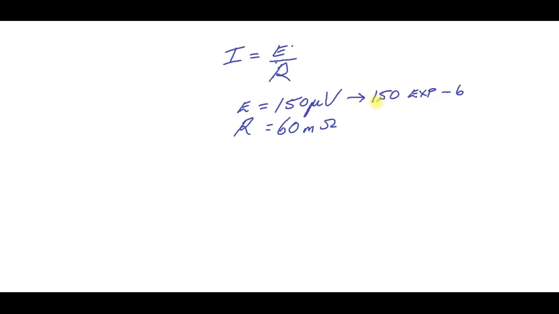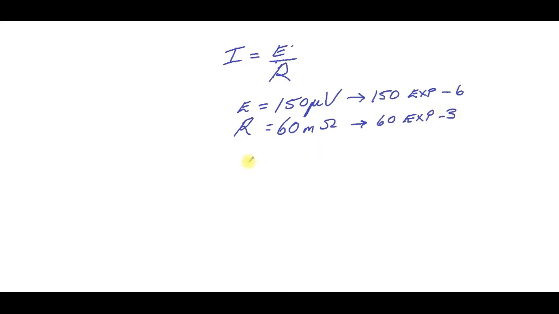Now if you get into the habit of writing it down like that, you've only just then got to go to the calculator and put it in. And 60 milliohms is entered into the calculator as 60 exponent minus 3 for milli.